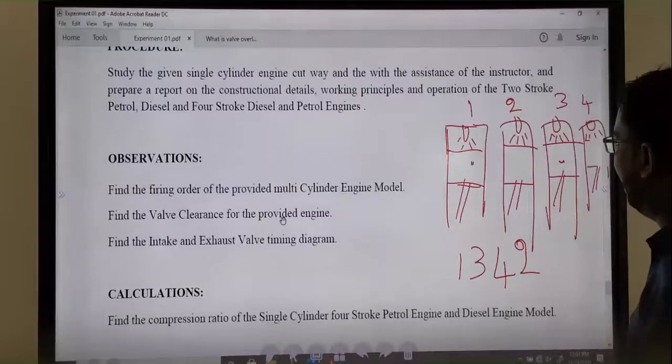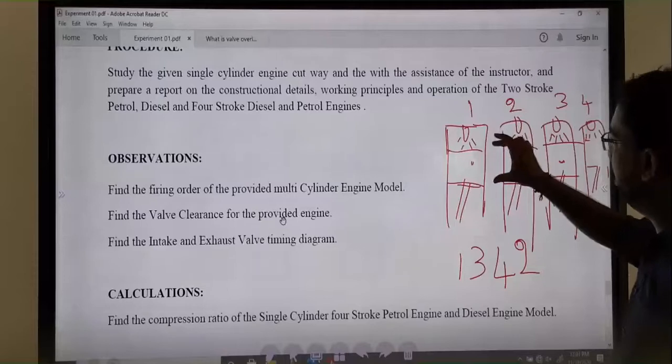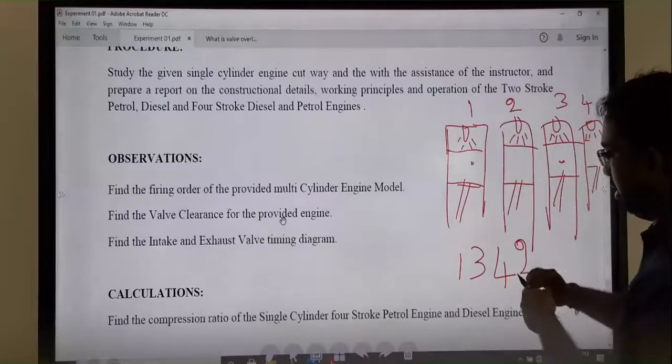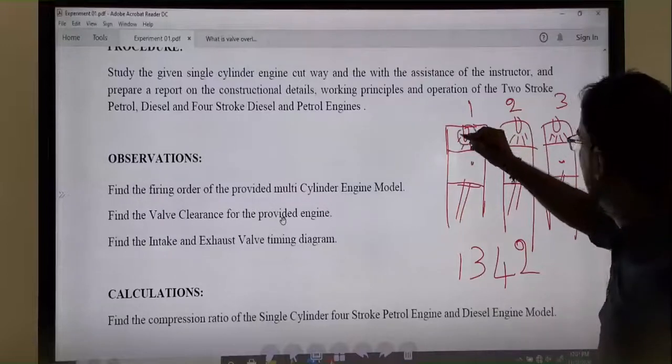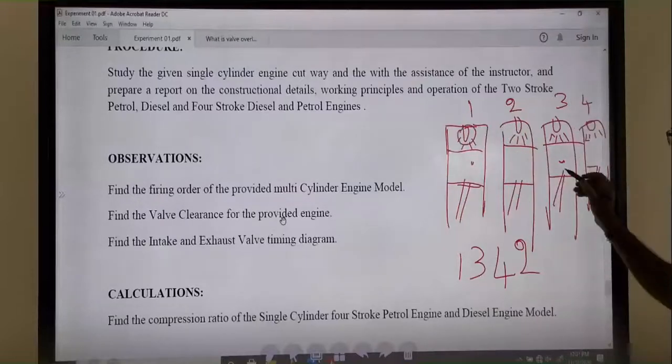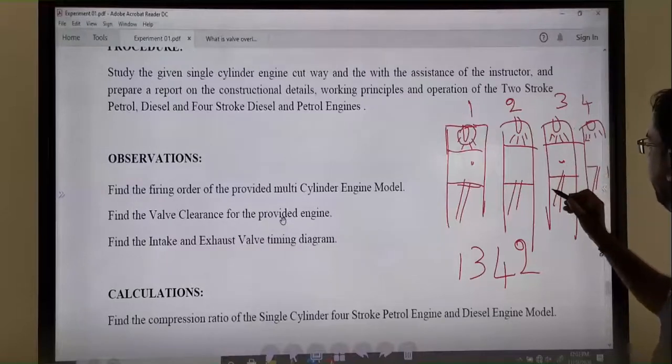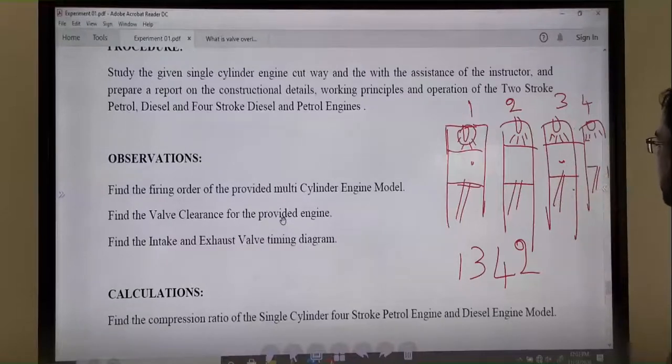This is the order. So for the 4-stroke, when it gets the ignition, the third cylinder will be in the previous stroke. That means the compression stroke.